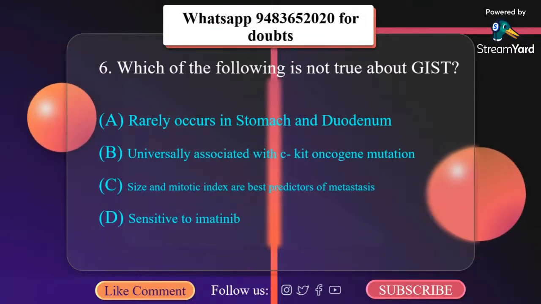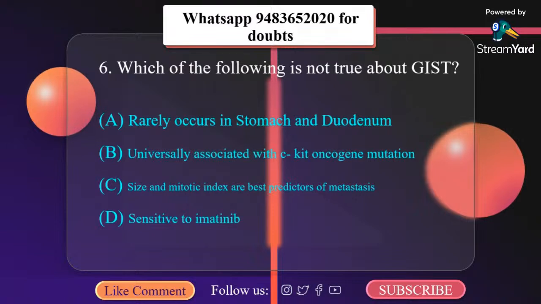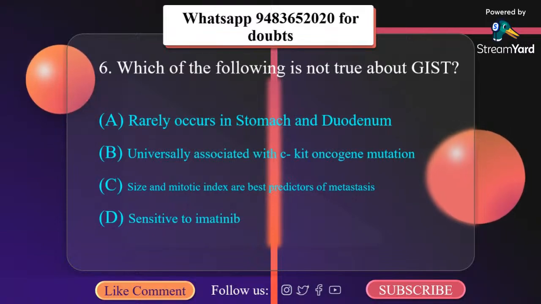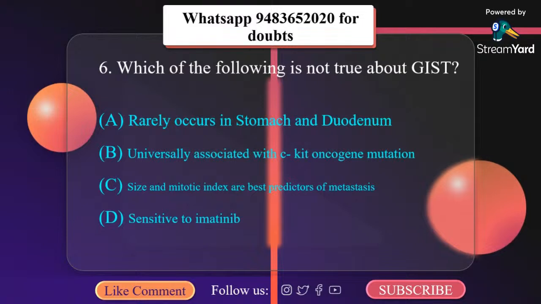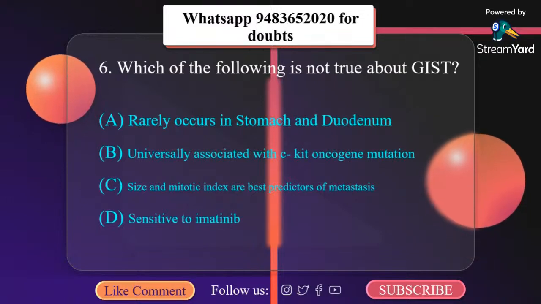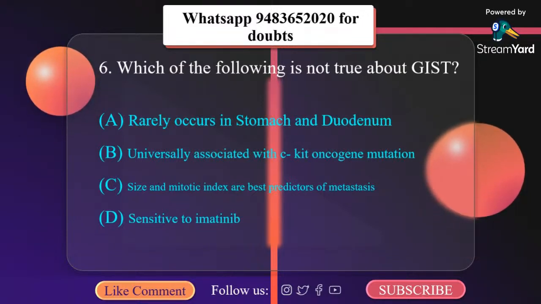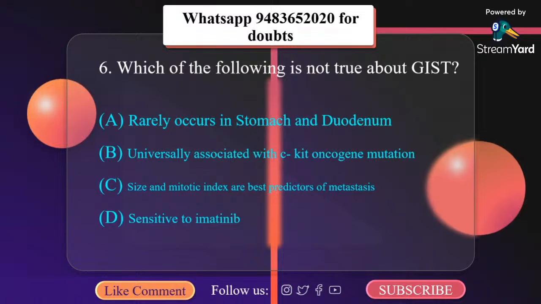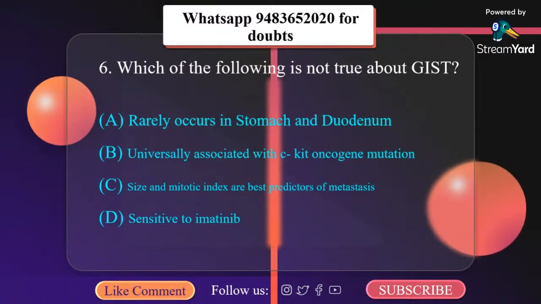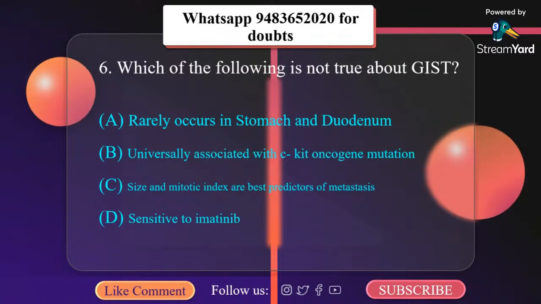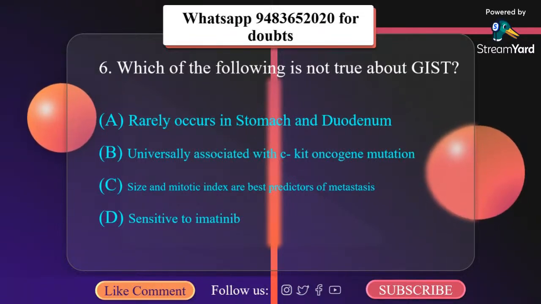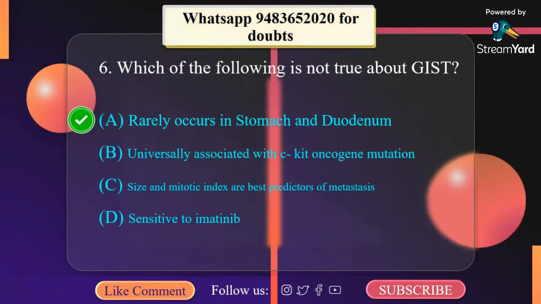Universally associated with c-KIT oncogene mutation. Imatinib, that is a tyrosine kinase antagonist, has 80% response rate on treatment. Mutation in exon 11 of c-KIT is particularly sensitive to the drug. Size and mitotic index are best predictors of metastasis. Clinically, GIST are very rare of all the GIT tumors. So the correct answer here is A, rarely occurs in stomach and duodenum.